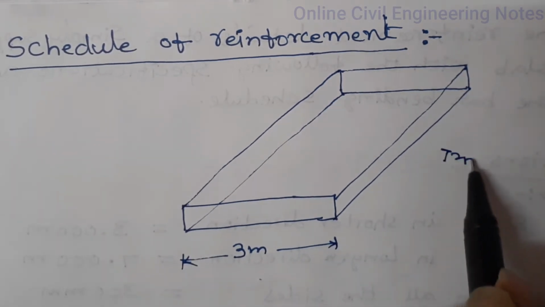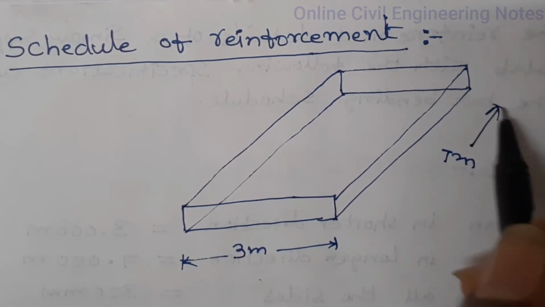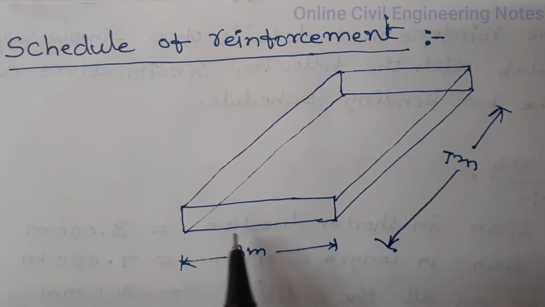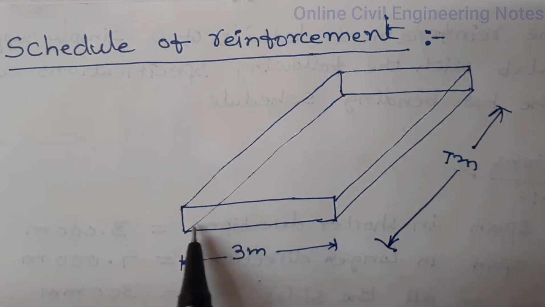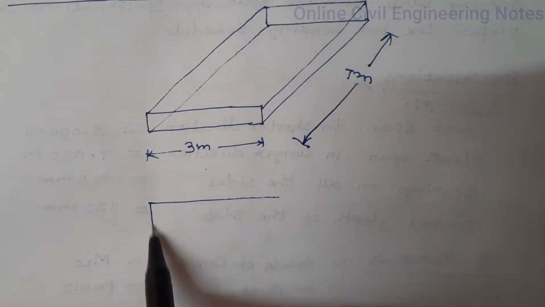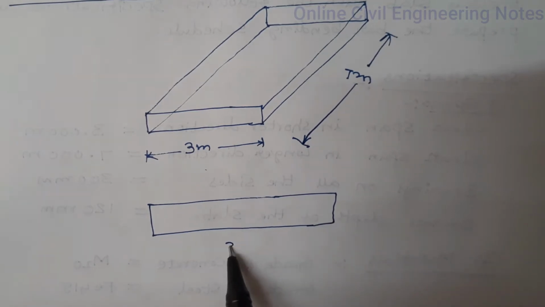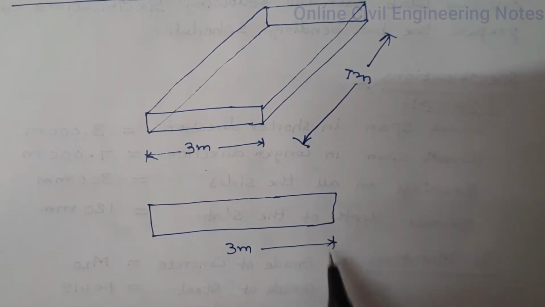And this is the longer span, 7 meters. The main reinforcement is provided in the shorter span to resist the bending moment. See, it is the shorter span.